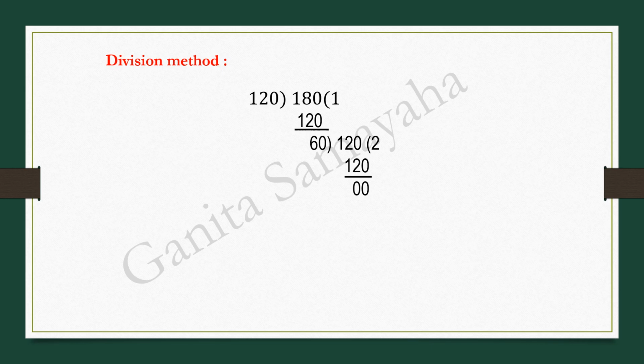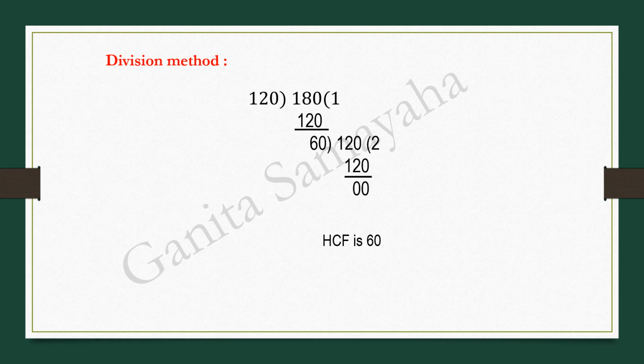That is, the divisor becomes the dividend and the remainder becomes the divisor now. Since the remainder is 0, the HCF is 60. So this is another method we have learnt in the lower classes.